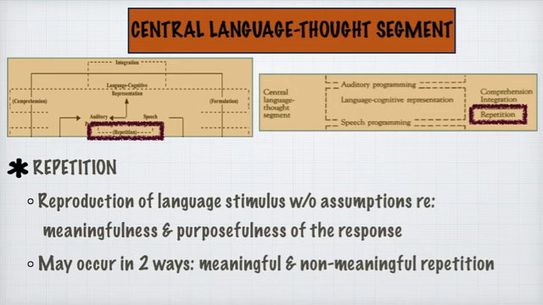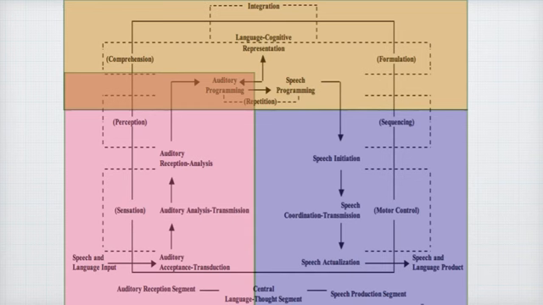It is a sequence of sounds without meaning. And do you remember the connection between Wernicke's area and Broca's area via the arcuate fasciculus? That is the non-meaningful repetition, or rather, that's the repetition part in general, sorry.